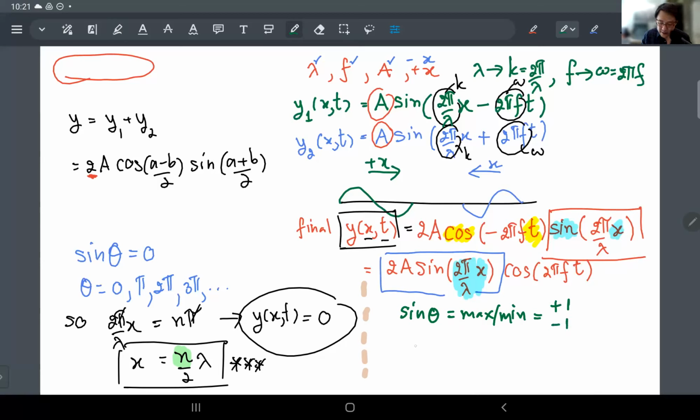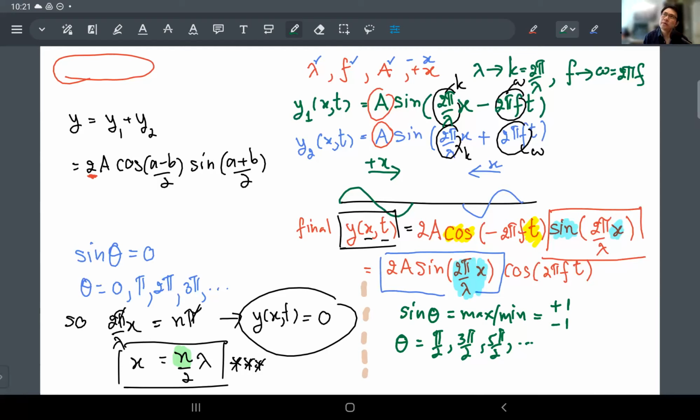And that happens when theta is either pi over 2, 3 pi over 2, 5 pi over 2. So that means the sine theta will reach its maximum magnitude. When I say magnitude, I mean it's either positive or -1, and I don't mind. Then you hit this particular value when it's at 90 degrees, 270, you add an extra 180 to it, 540, and on and on.